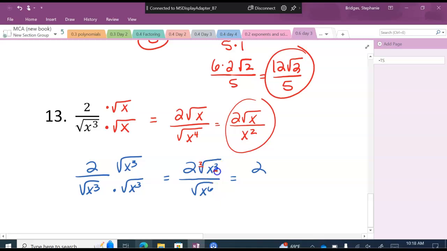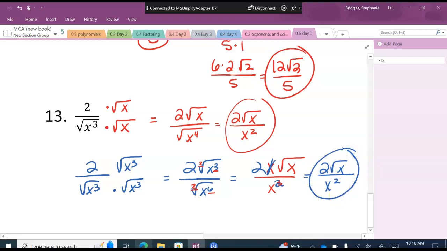How many times does 2 fit into 3? 1, with how many leftovers? And then at the bottom, 2 fits into 6 how many times? 3. And do you see anything that can still simplify? This x out front can cancel one of those at the bottom. So we would still end up with the same answer. It's just you have to simplify a little bit further.